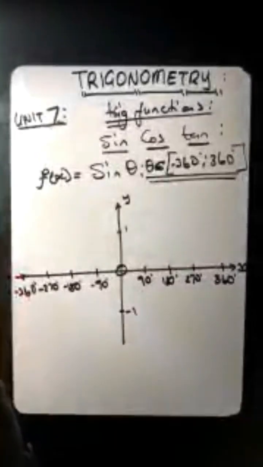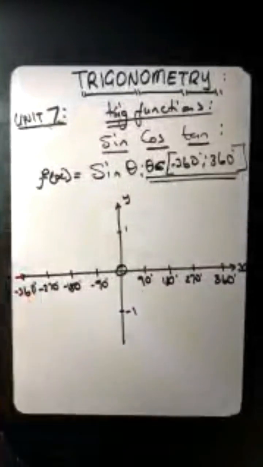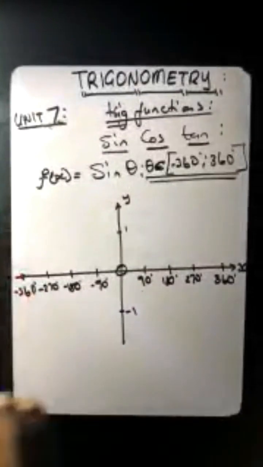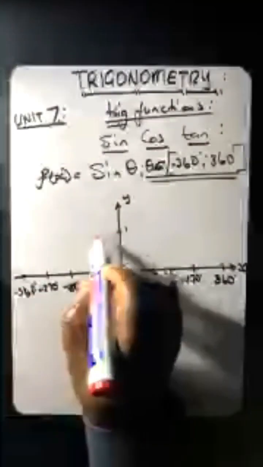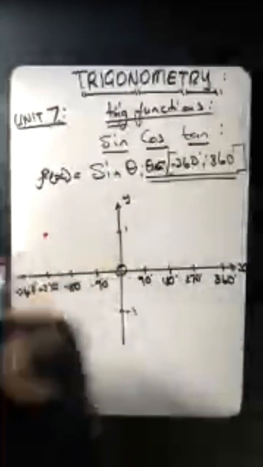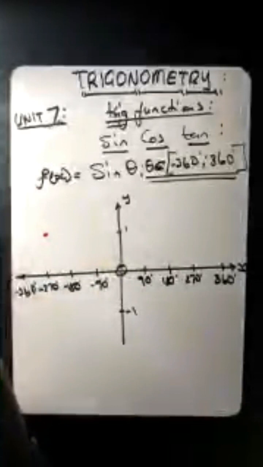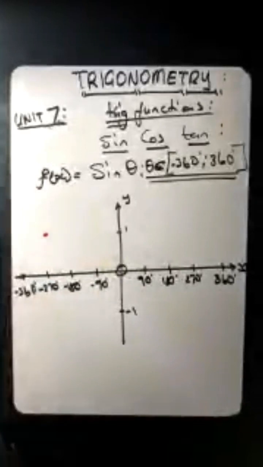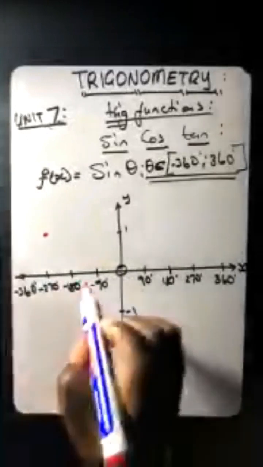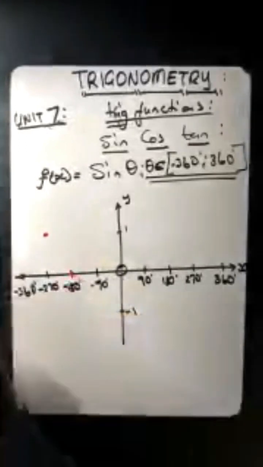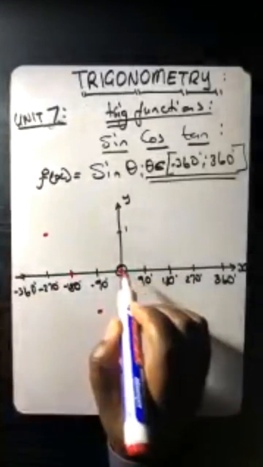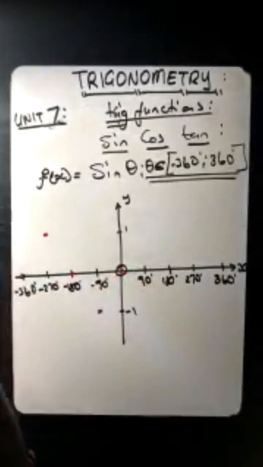So you go to the next one. It's negative 270. You get positive 1. So above that, you put a dot. Let's go to the next one. Negative 180, you get 0, you put a 0 there. Negative 90 gives you 0 there.